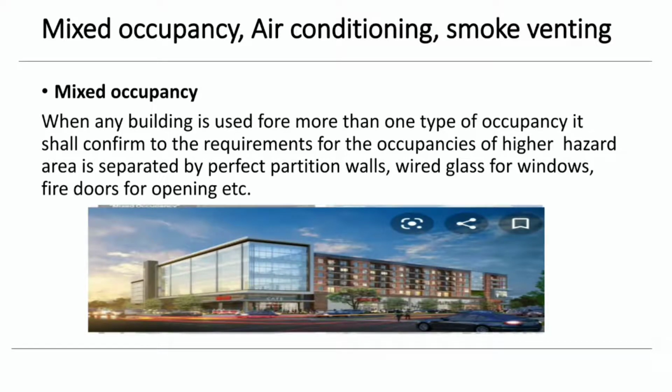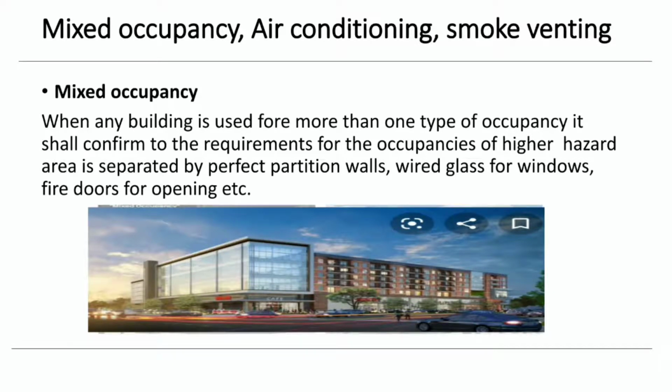When any building is used for more than one type of occupancy, it shall conform to the requirements for the occupancies of high hazard area, with separation by proper partition walls, wired glass for windows, fire doors for openings, etc. Mixed occupancies means there is a particular high-rise building and a lot of different organizations are working together.